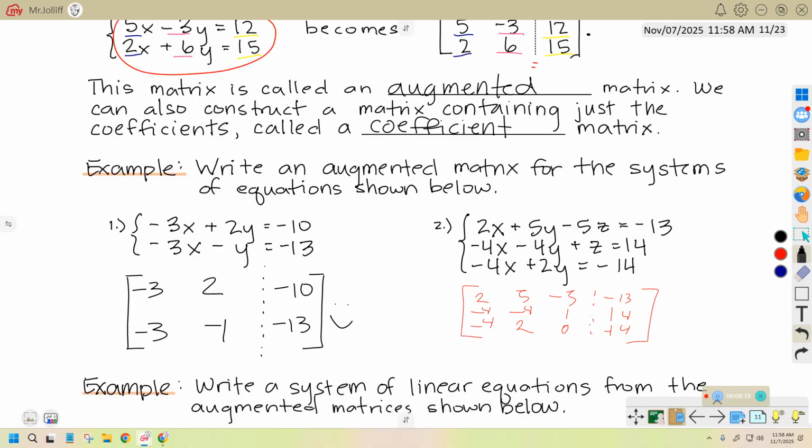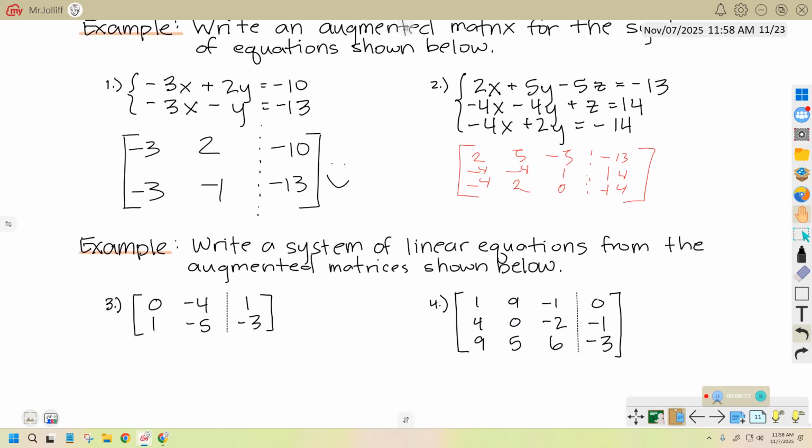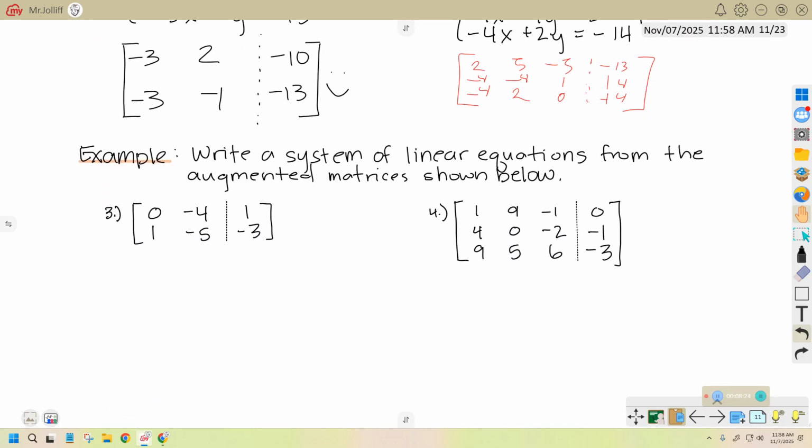All right, now we're going to practice going backwards. You're given an augmented matrix. What does this system of equations look like? So I'm going to do the first one. I'm going to have you do the second. Remember that if we're given a matrix, the left side is the variables by column. So this is my x column.